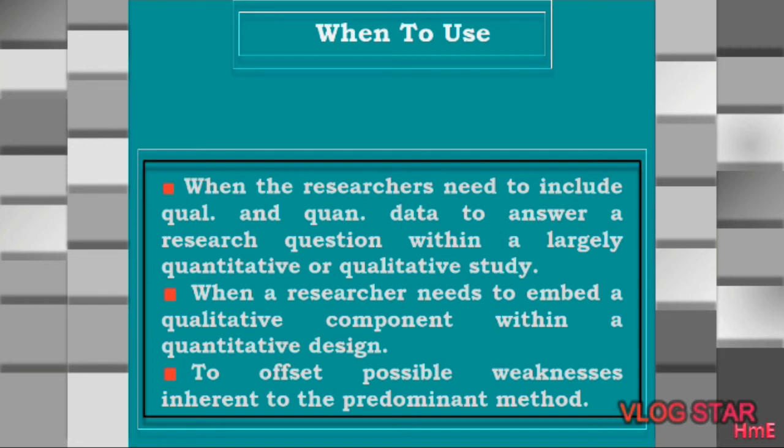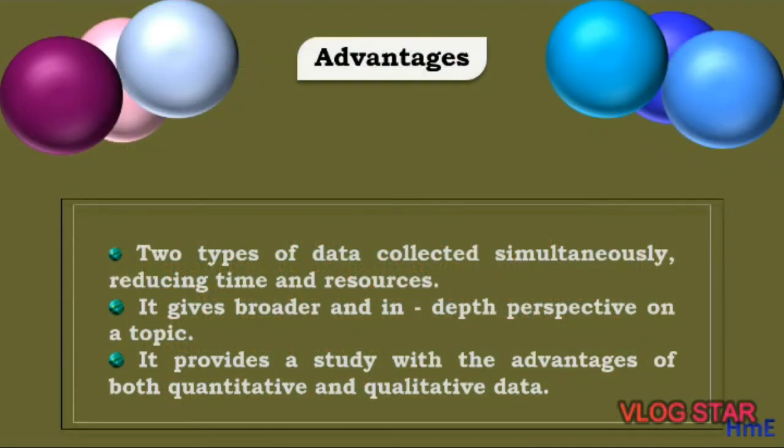Let's have a look at the advantages of the design. Firstly, two types of data are collected simultaneously, reducing time and resources. Second, it gives a broader and in-depth perspective on a topic.